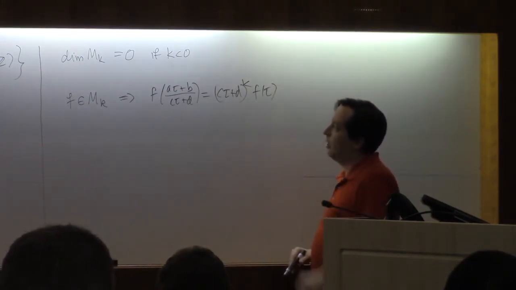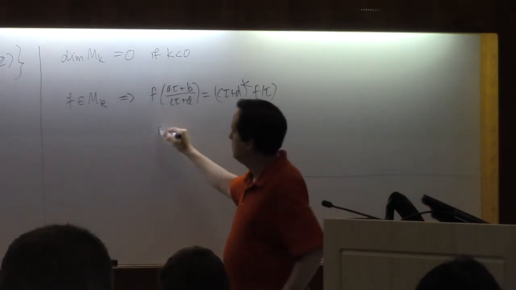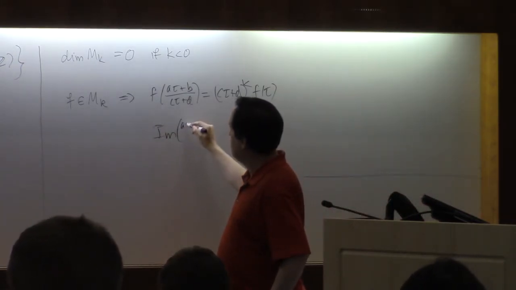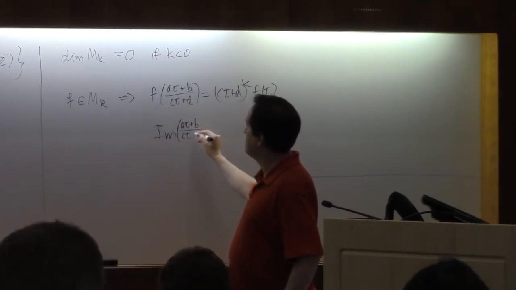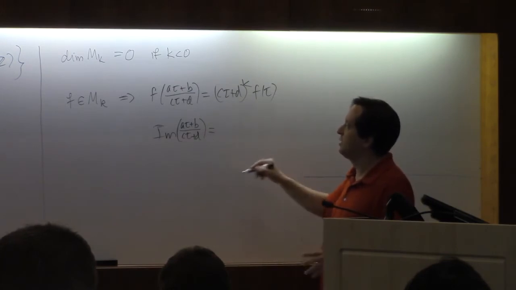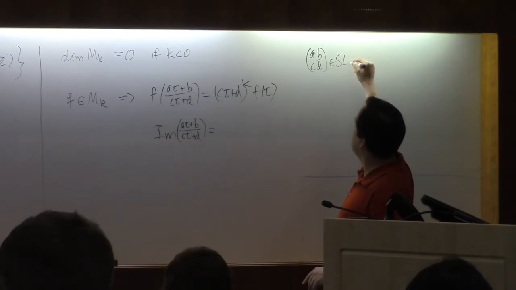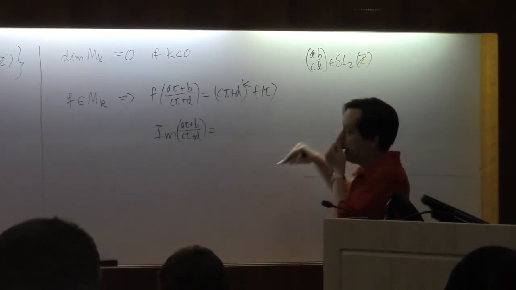Now at the same time, remember I mentioned the imaginary part function has, for matrices in SL2Z, determinant 1 at least, that's what we're looking at here.